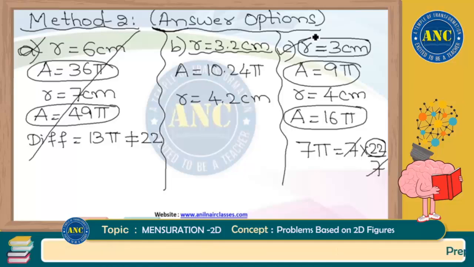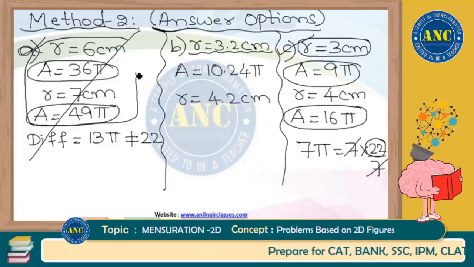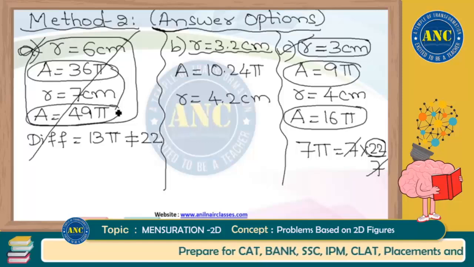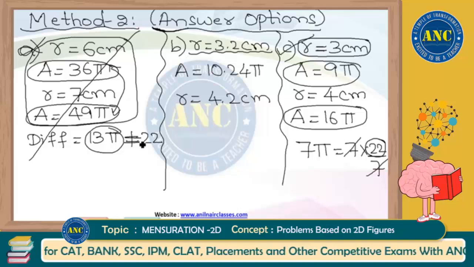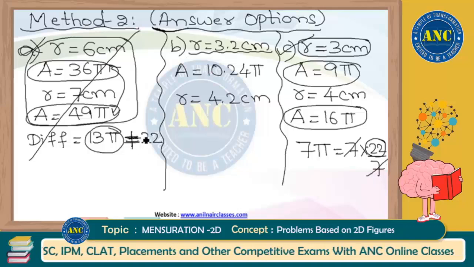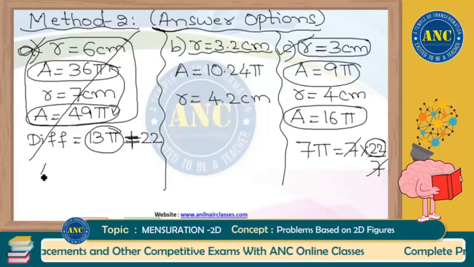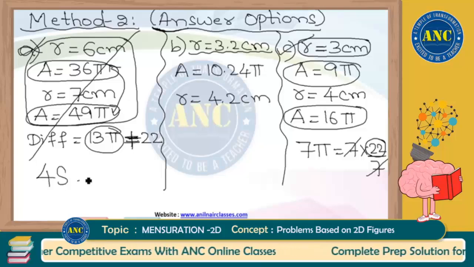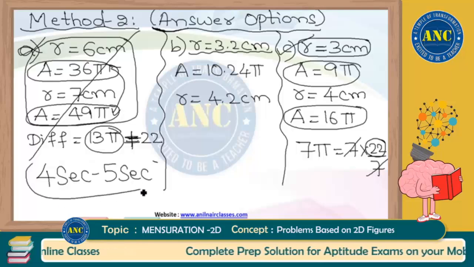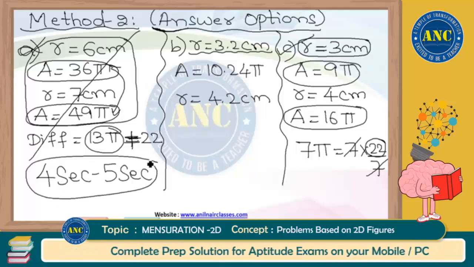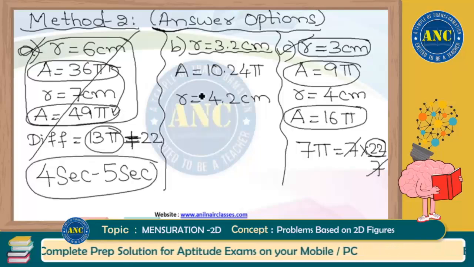Shall I tell you, sir? To tell that r is equal to 6 and r is equal to 7 here, and tell the difference between the areas as 13 pi, and tell that it is not the right value equal to 22, assume that you took 4 to 5 seconds. Let me take worst case as 5 seconds itself, sir. Assume that first option you took 5 seconds.